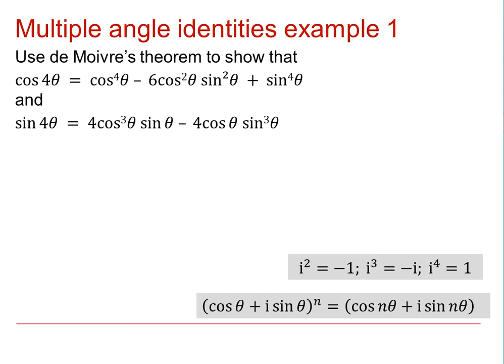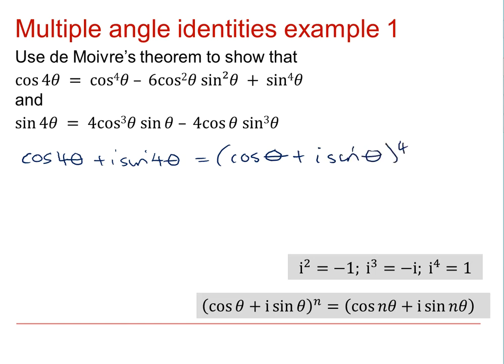Let me start by considering the expansion of cos 4 theta plus i sine 4 theta. In fact, it equals cos theta plus i sine theta to the power of 4 using de Moivre's theorem.